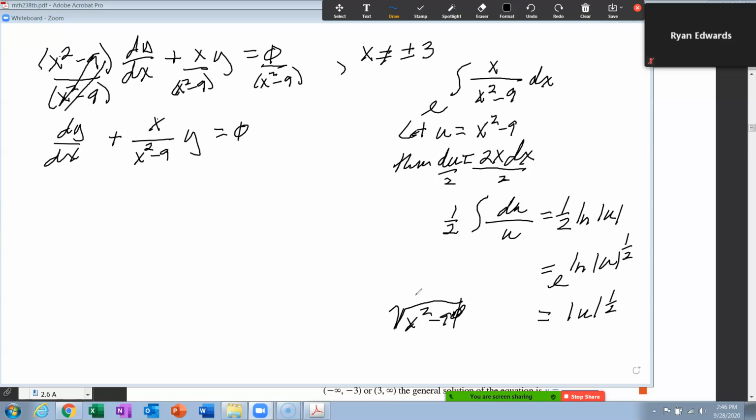Okay, so what that tells us is that x has to be between minus 3, no, I'm sorry, basically greater than 3. Or it could be less than negative 3, couldn't it?